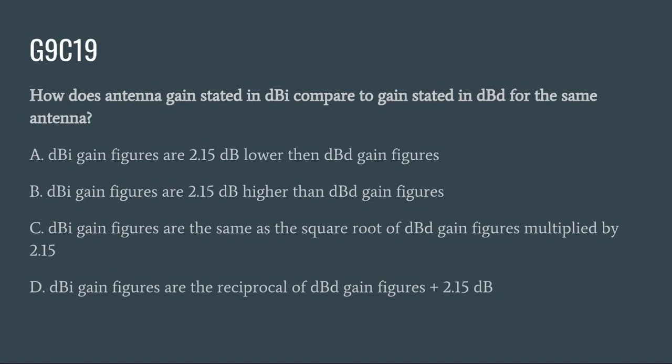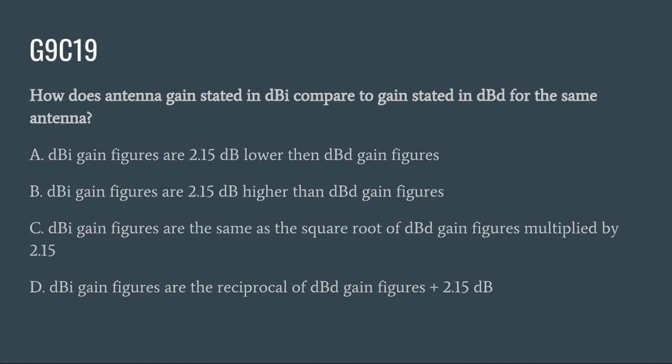G9C19, how does the antenna gain stated in dBi compare to gain stated in dBd for the same antenna? A. dBi gain figures are 2.15 dB lower than dBd gain figures. B. dBi gain figures are 2.15 dB higher than dBd gain figures.